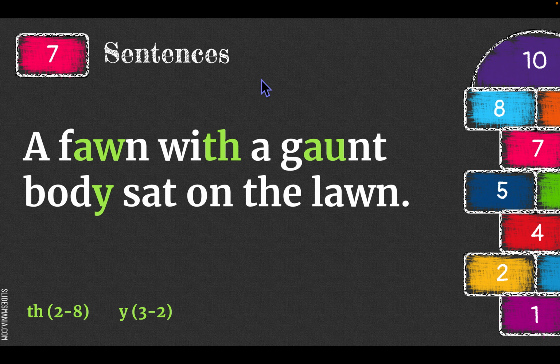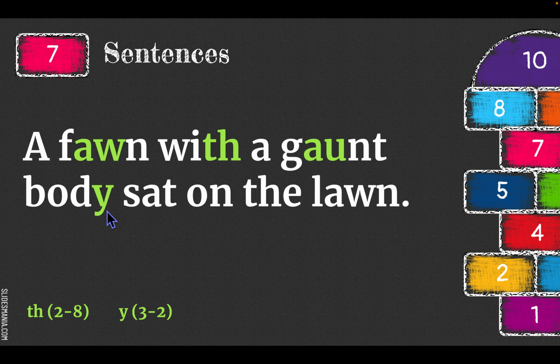Let's practice with some sentences. For sounds that we have covered in previous lessons that you might not remember, you can look at the level and lesson. A fawn, that is a baby deer. We're going to use the second sound of TH. A fawn with a gaunt, gaunt means very, very thin.